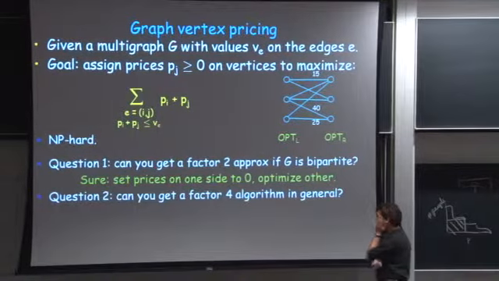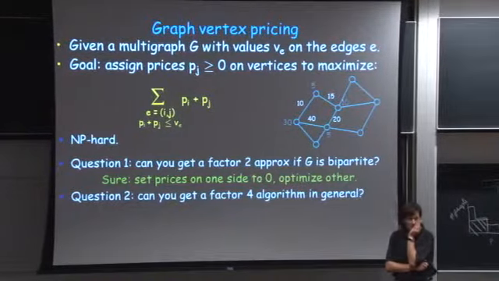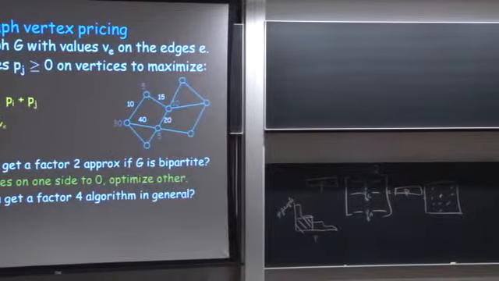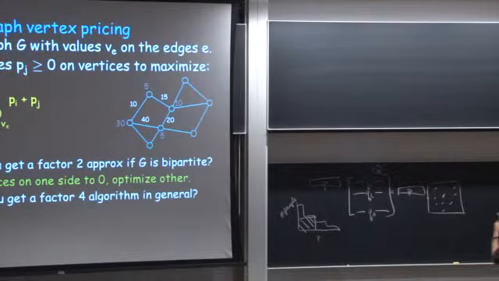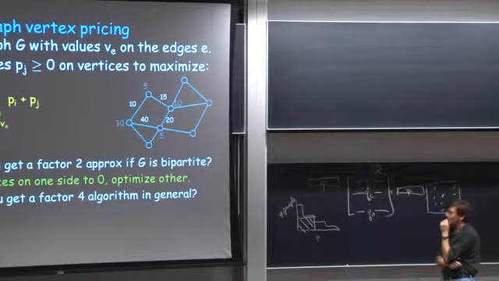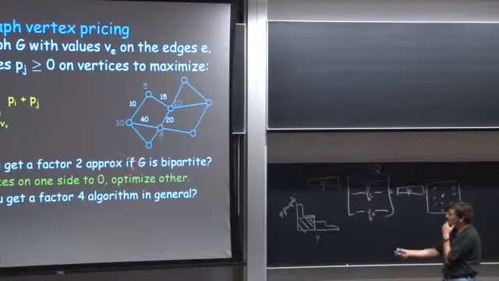So now, how can we use that to get a factor of 4 for a general graph? It's interesting to think about that. We will set stuff to 0, but we're going to reduce to that point.